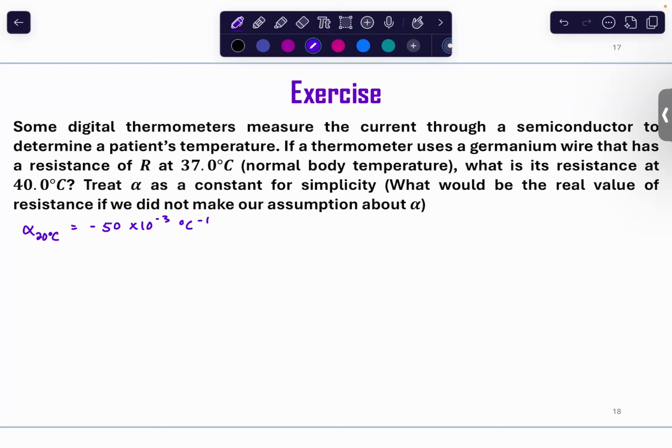Most of the alphas on there are positive. You have three of them that are negative. This means that your resistance will be decreasing as temperature goes up. So what does that make germanium? Not an insulator. Somewhere between the two. Semiconductor.